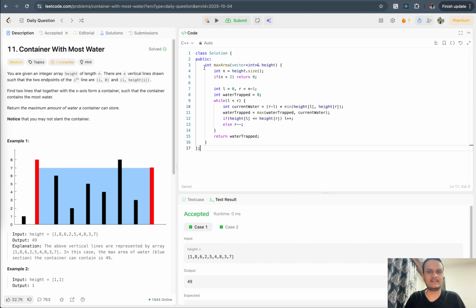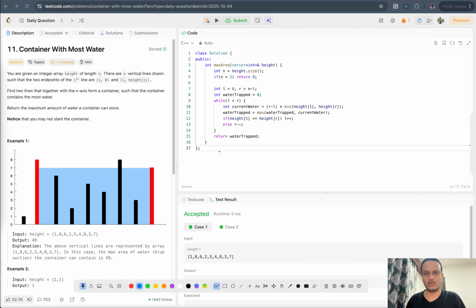By this two pointer approach we have solved this problem by traversing the array only once. So we have solved it in time complexity of n, and space complexity will be 1, because we aren't storing any array or auxiliary space. We are just looping it. We have defined some variables which is O(1).